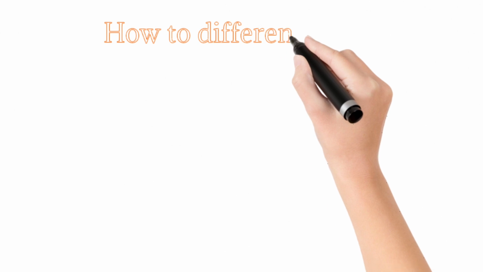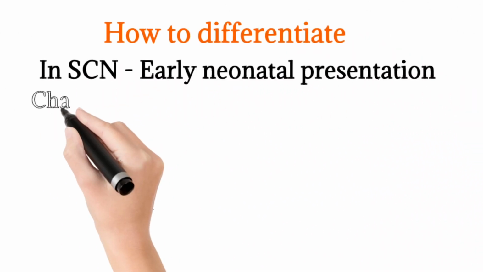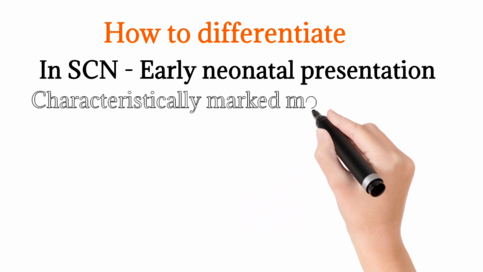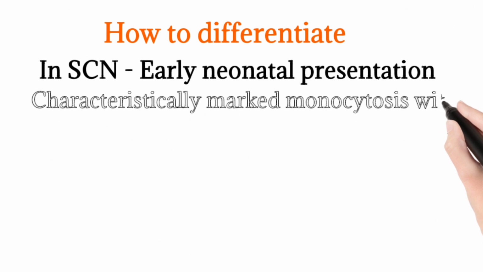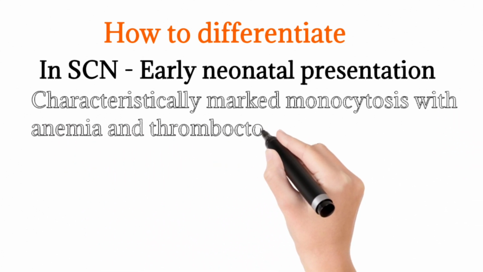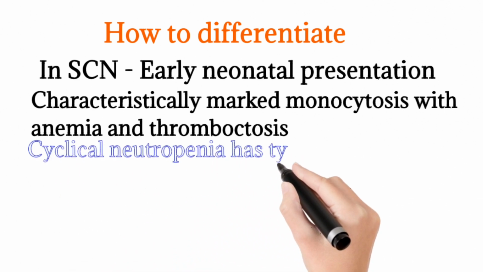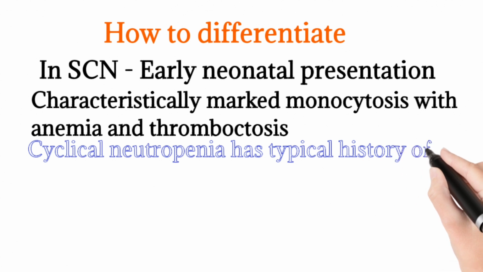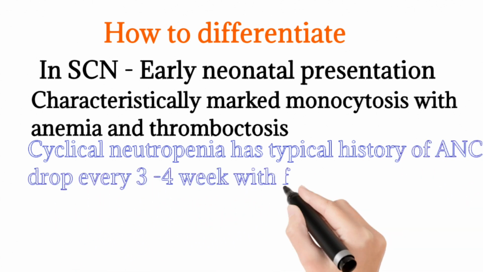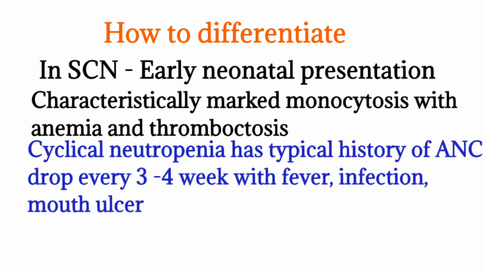So how can we differentiate? In SCN, the presentation is in the neonatal period and there is marked monocytosis with anemia and thrombocytosis. While in cyclical neutropenia, there is a typical history of ANC drop every 3 to 4 weeks with fever, infection and mouth ulcer.